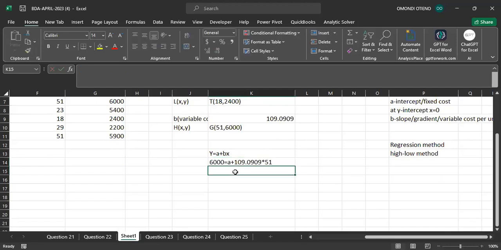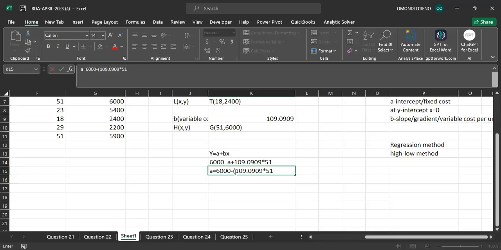So let's make A the subject of the formula. When you make A the subject of the formula, you'll have 6,000 minus, close the bracket, 109.0909 multiplied by 51.